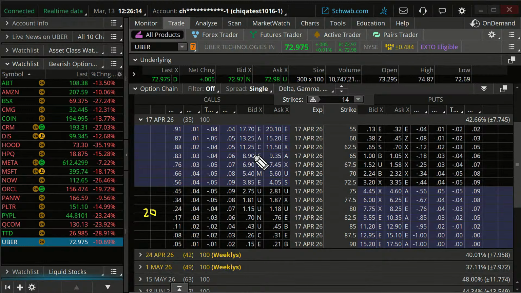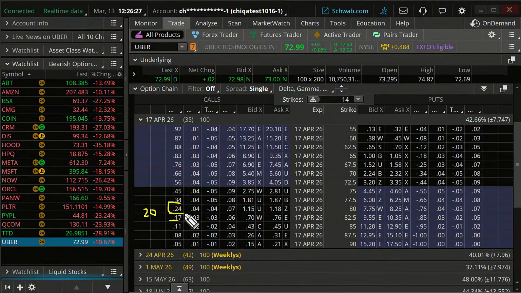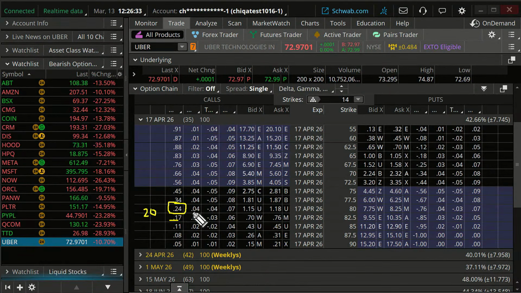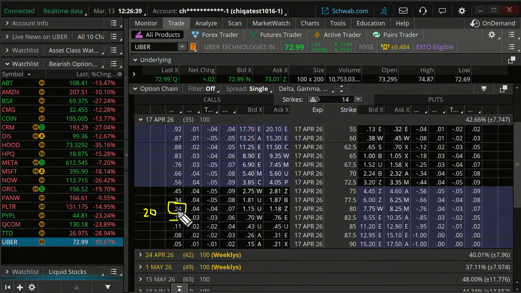But if you're going to shift it more bearish, you may shift up the delta and go a little bit higher. We don't have anything right at a 20 delta, but instead of going to the 17 delta, I'm going to go to that 24 delta, meaning the calls are going to be a little closer to the current price, a little more threatened. We'll bring in a bigger credit on those, but we're also making it more bearish. So I'm going to do that 80 strike there on the calls.